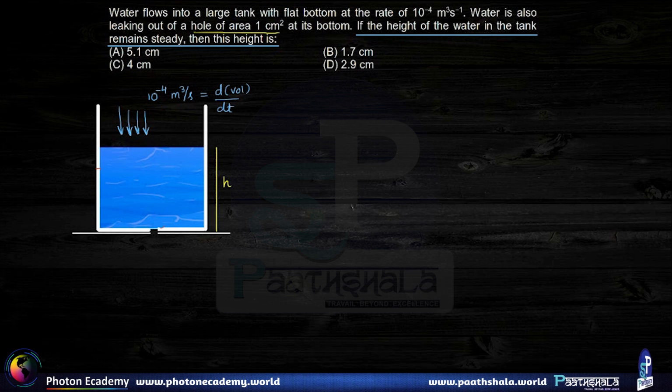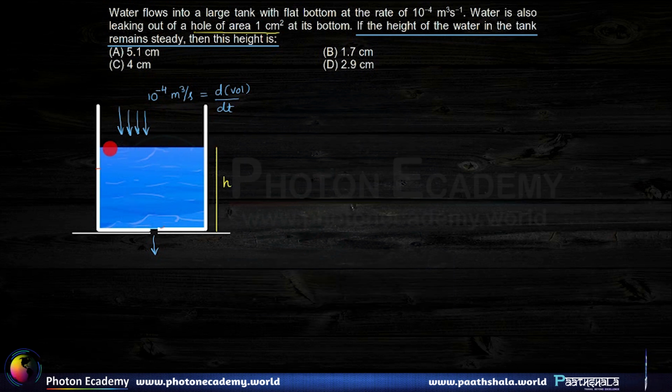Now this incoming rate of flow should match the outgoing rate of flow. Only then the level of water in the tank will remain constant. So in order to maintain this constancy, no net incoming mass or outgoing mass should be there, and hence incoming water should completely go out.